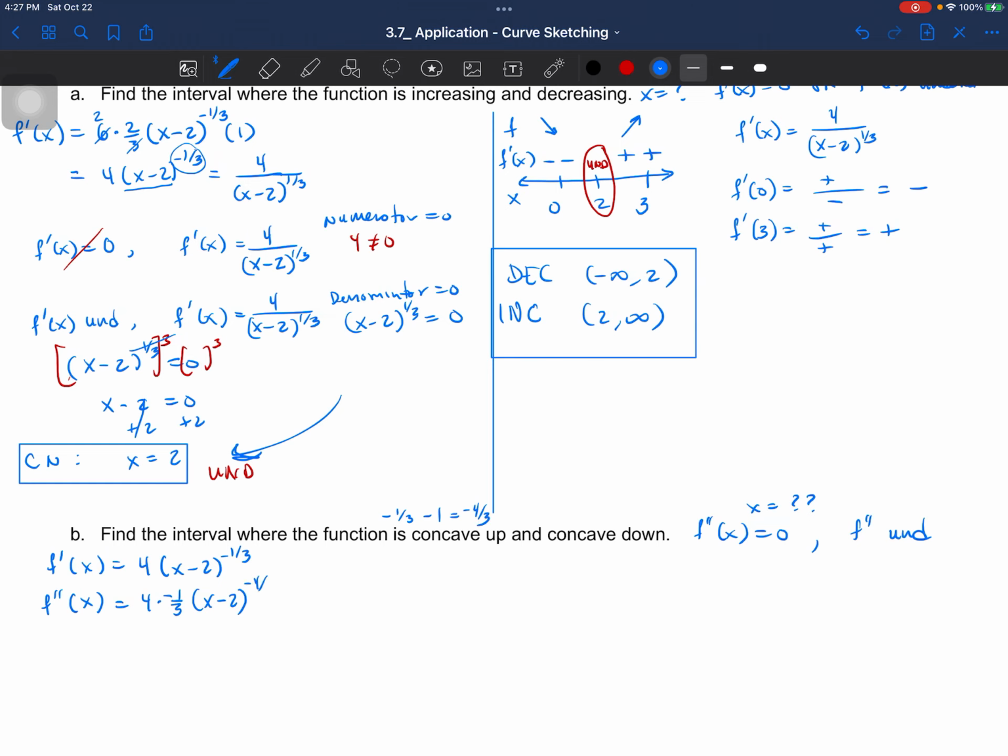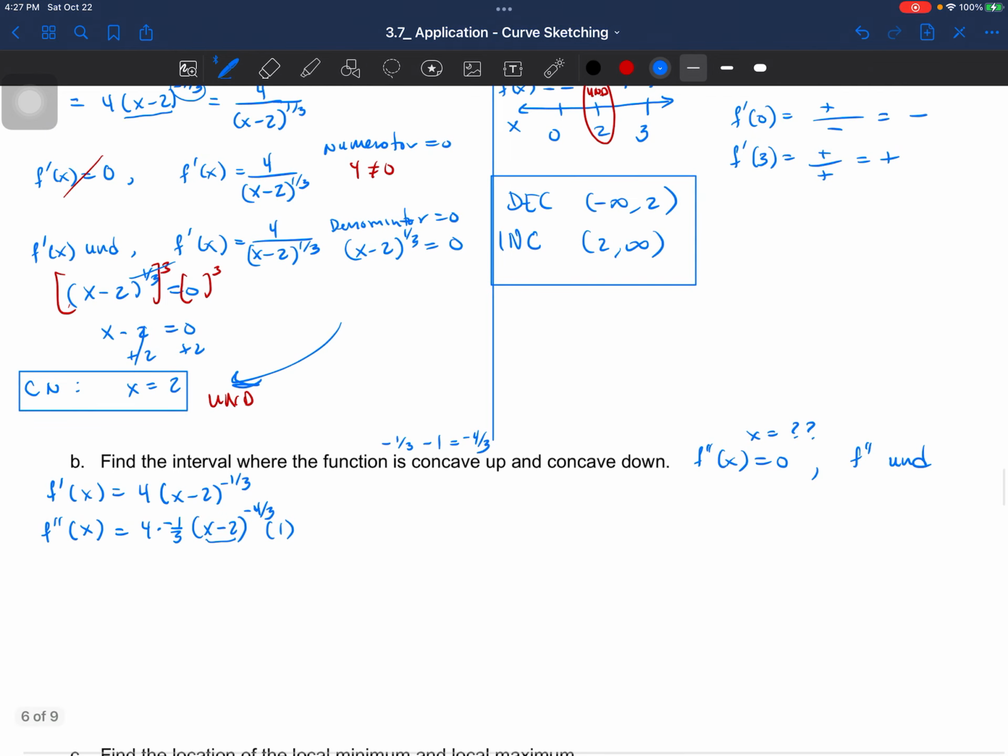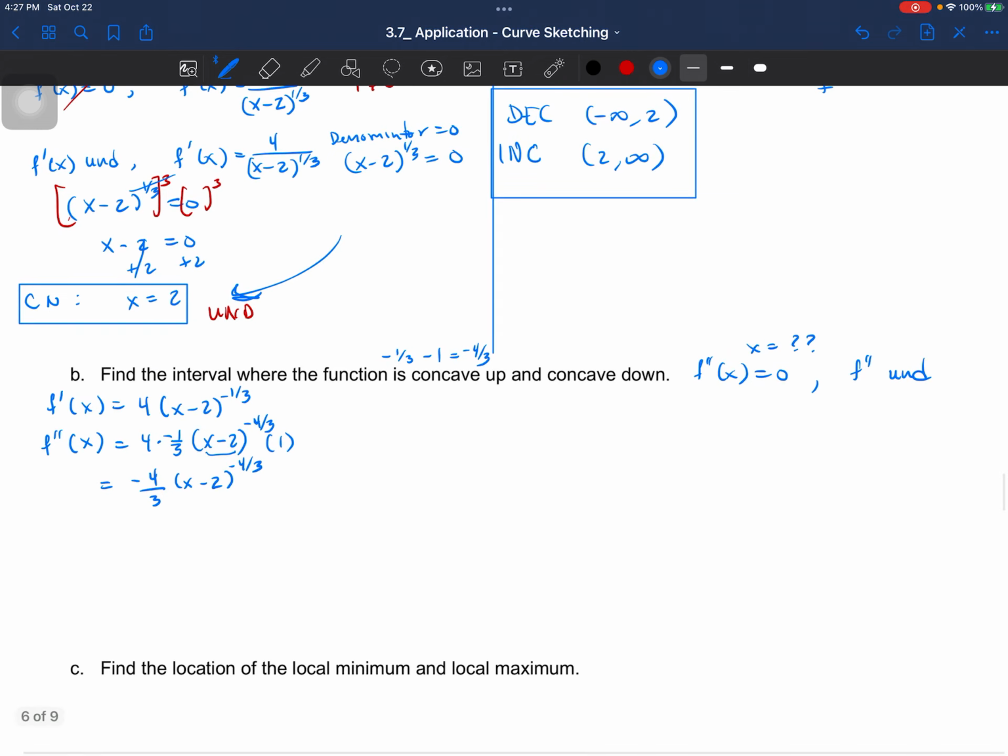Negative 1/3 minus 1 is going to be negative 4/3. And then times the derivative of the inside, which is 1. If we simplify this, this will give us negative 4 over 3 times x minus 2 to the negative 4/3.